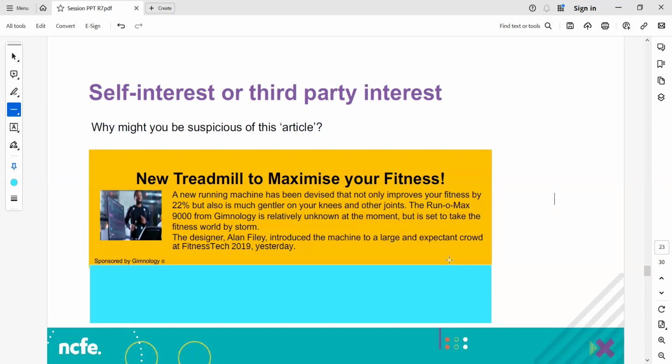But then we can see that Gymnology, the company that are selling these machines, have sponsored, or paid for, this article. Okay, so it's in their interests for the article to be full of praise and to be positive. It could be that the Runner Max 9000 is ridiculously expensive.